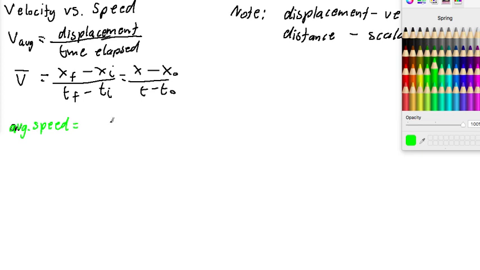Average speed by definition is the distance traveled over time elapsed. And again, distance is a scalar, and if you would like to go back to the previous video where I defined what distance is, pause the video and select the distance versus displacement video.